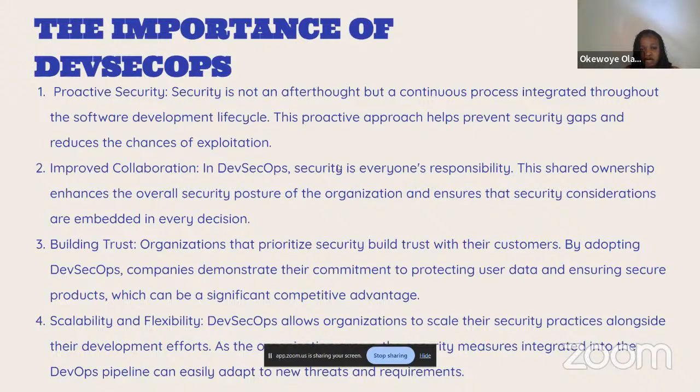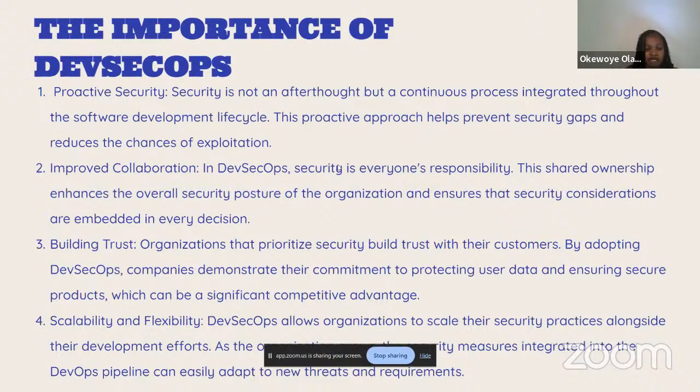Companies demonstrate their commitment to protecting user data and ensuring secure products, which can be a significant advantage. For example, with our mobile apps like PalmPay or OPay, if we don't trust them with our vital information, we won't be using those apps, because they have incorporated security into their development process.